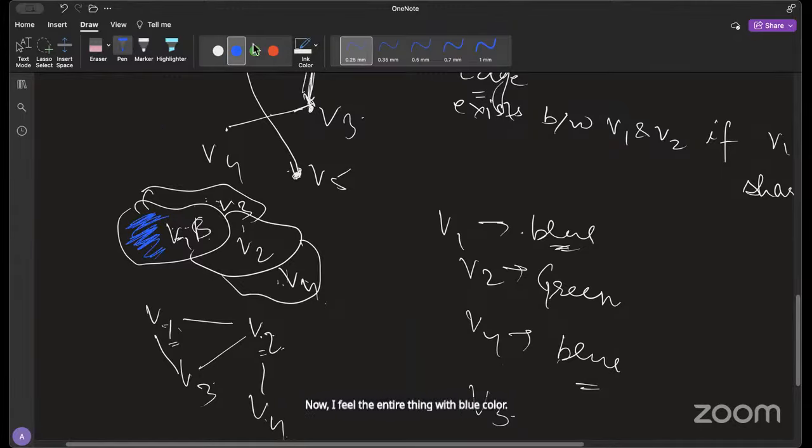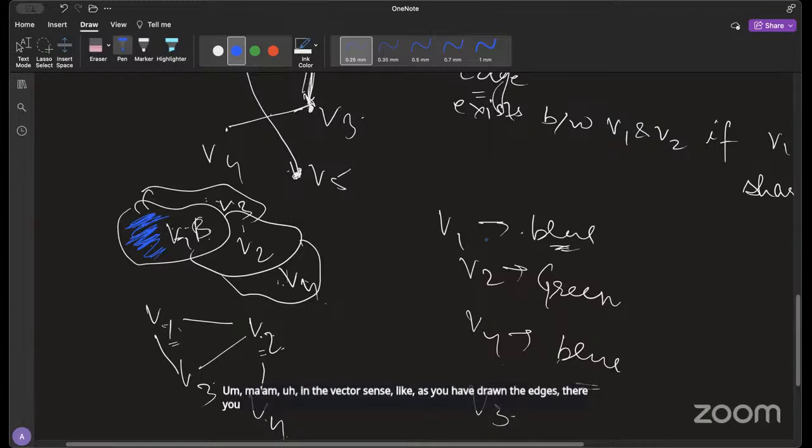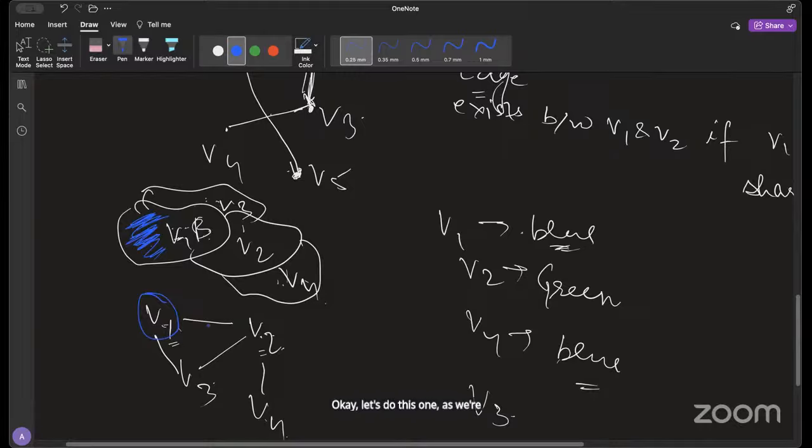Ma'am, in the graph sense, you can use the color on the edges as you have drawn them. Okay, but we're not coloring the edges. We're just coloring the vertices, the states here, right? So we're coloring this one blue.